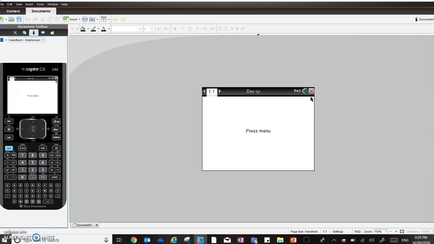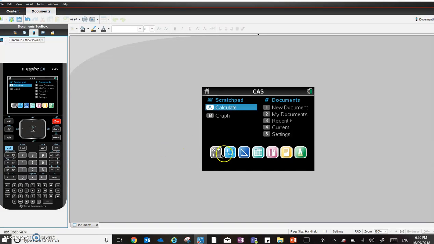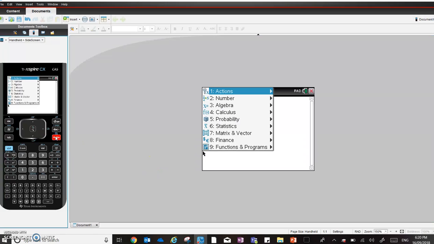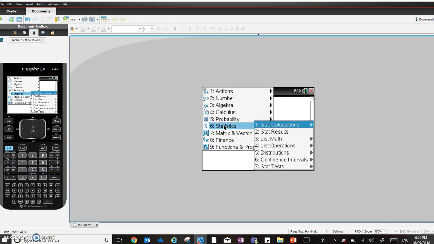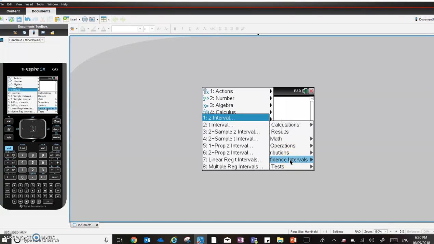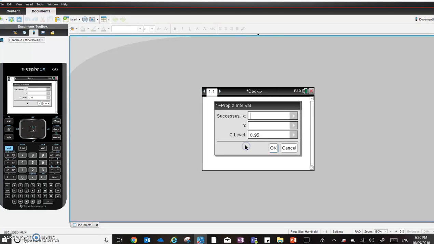Let's just demonstrate this on our CAS calculator. The first thing I'm going to do is go to a calculator page, and then I'm going to go to Menu. I'm going to go to option 6, Statistics, and then I'm going to go to option 6 again, which is confidence intervals. When I go to confidence intervals, I then go to option 5, which is 1 prop Z interval, and I get this screen.